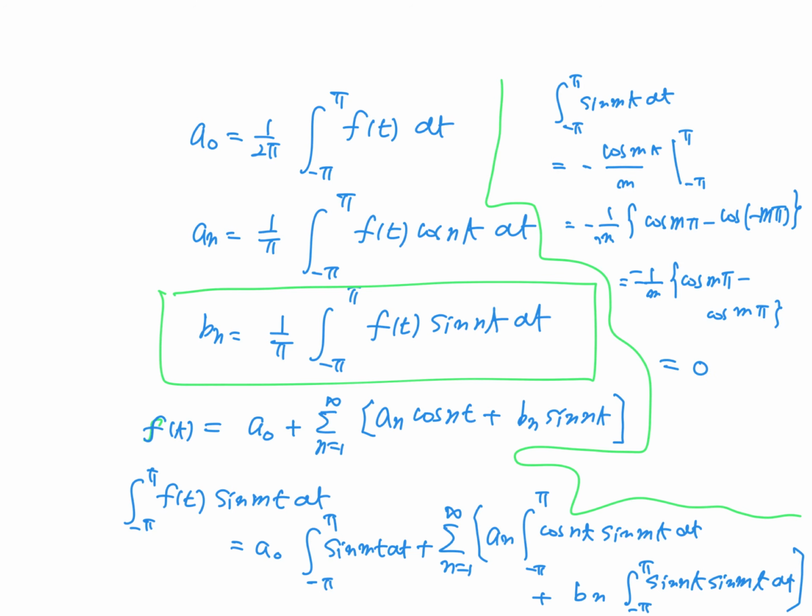So the first term is 0, and for the second term, because we don't have much space, just remember cosine nt sine mt. So let's do this integral.